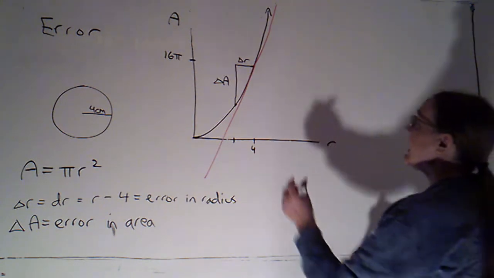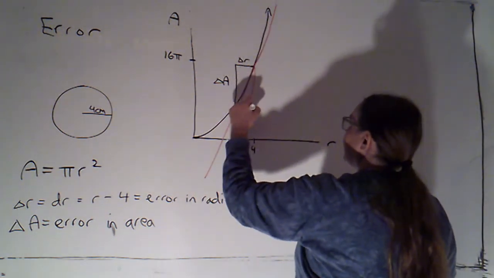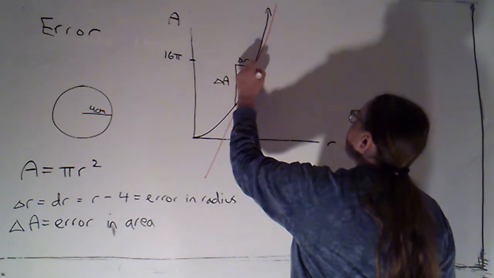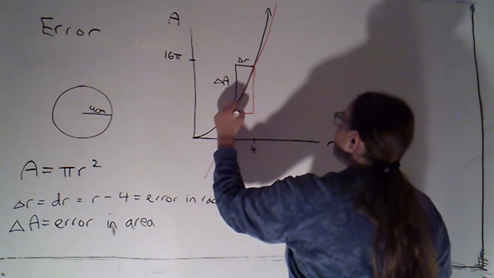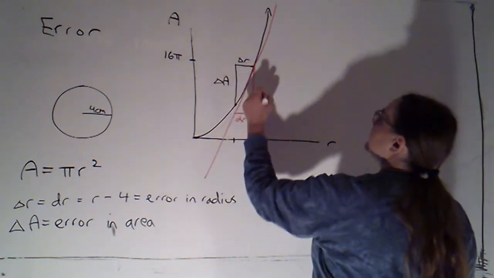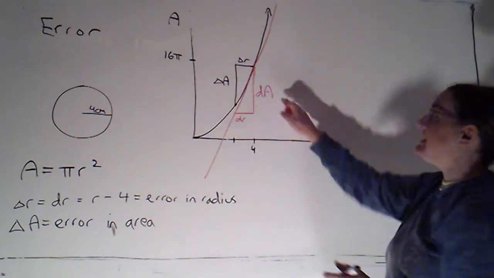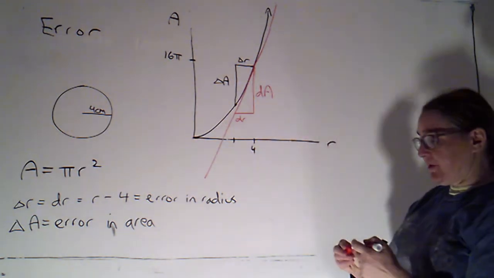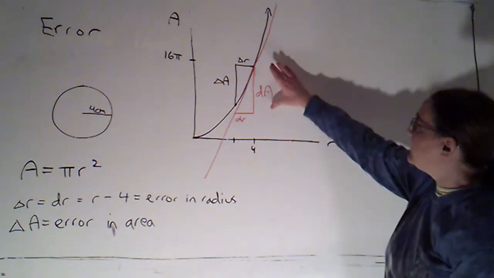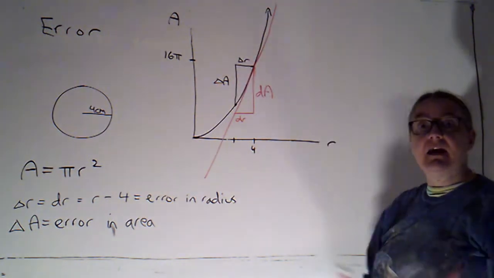So on this tangent line, if we set dr equal to delta r, then we could calculate dA, and that differential will approximate the error that we would get in the area.